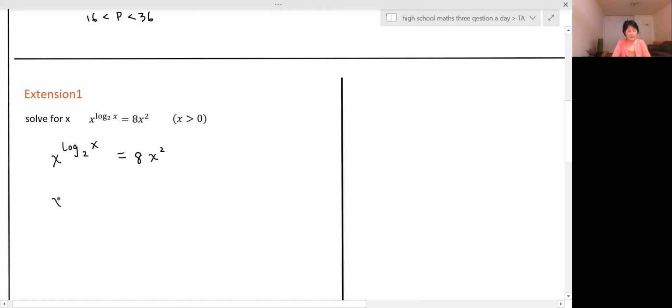I can write it in this form: divide both sides by x squared, then it equals 8. This way you get x to the power of log base 2 of x minus 2, equal to 8.